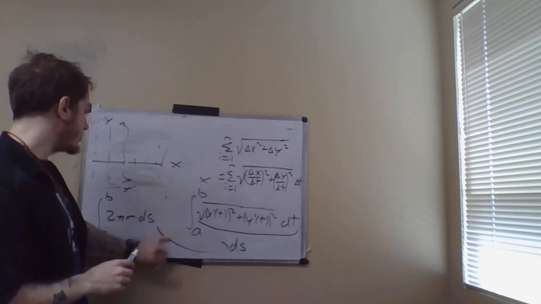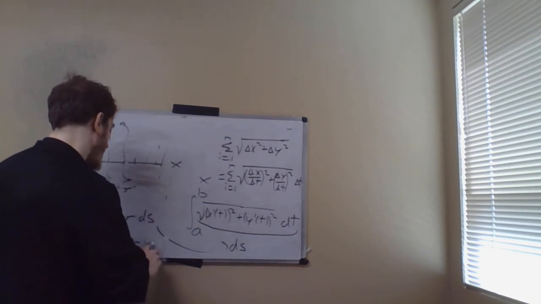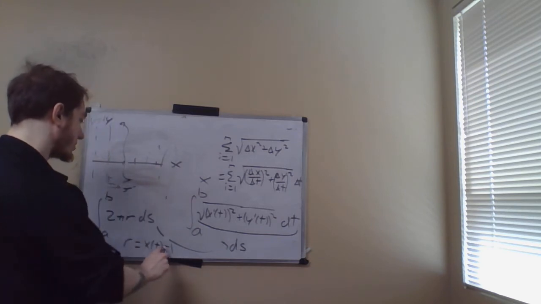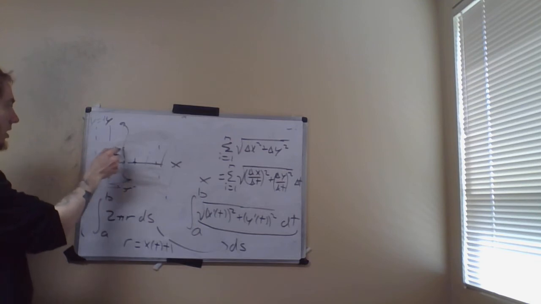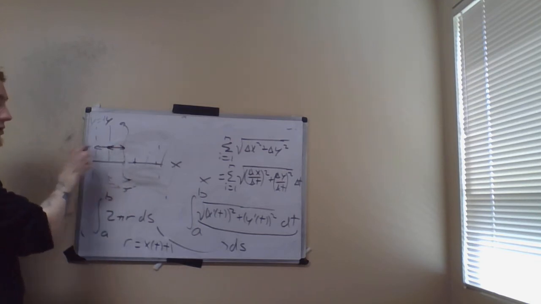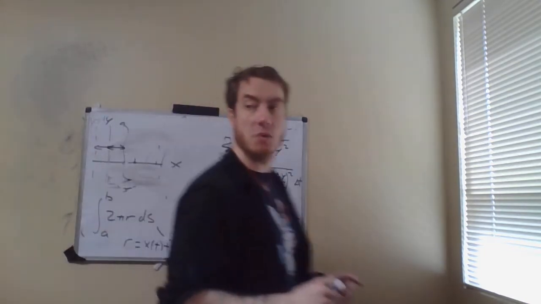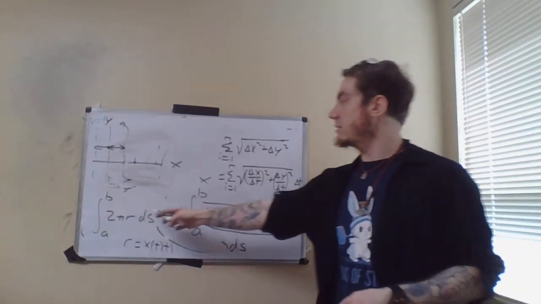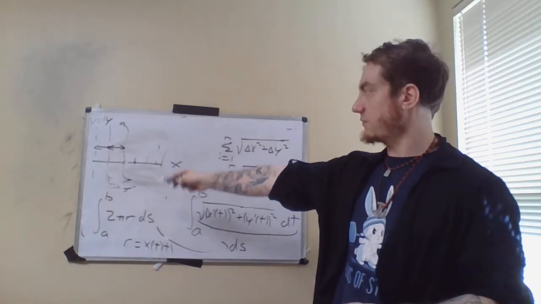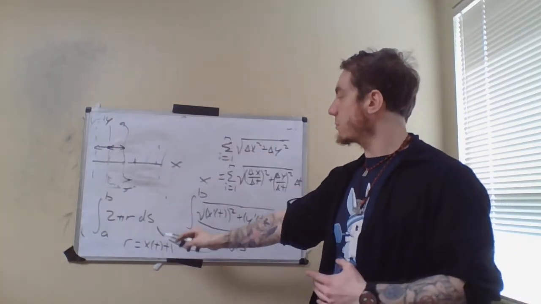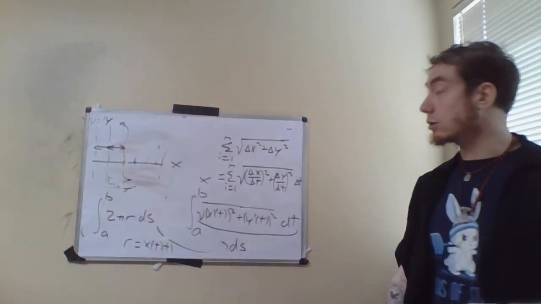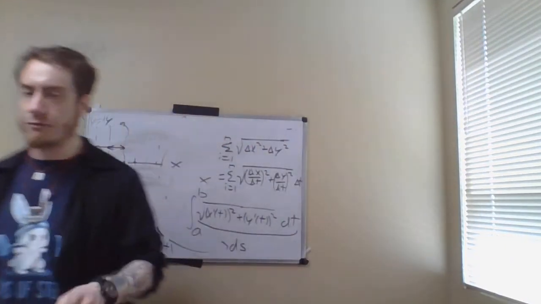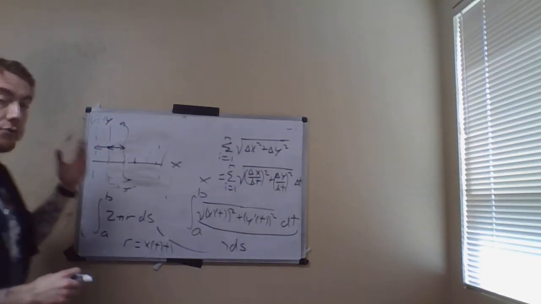Well, in that case, I would just say r is equal to x of t plus 1. Right? It's whatever my x of t is on here. That gives me this distance plus an additional 1. And so whatever I'm doing, I can just remember this formula for the surface area and replace the radius with whatever's appropriate, replace the differential of arc length with whatever is appropriate, and use that formula.